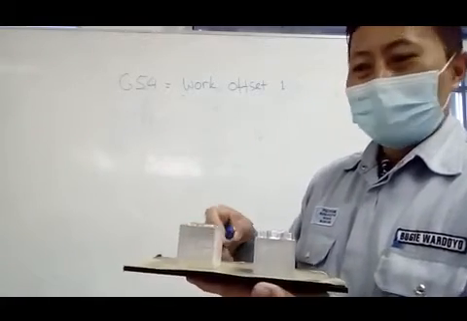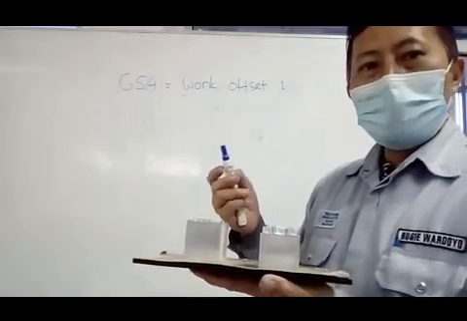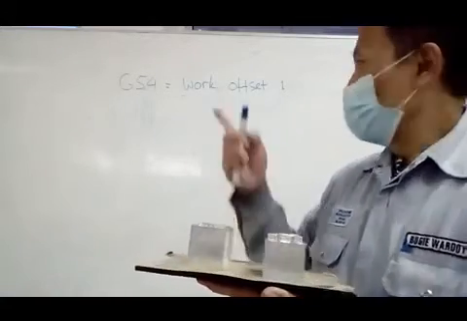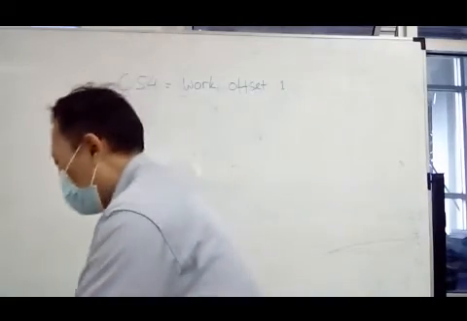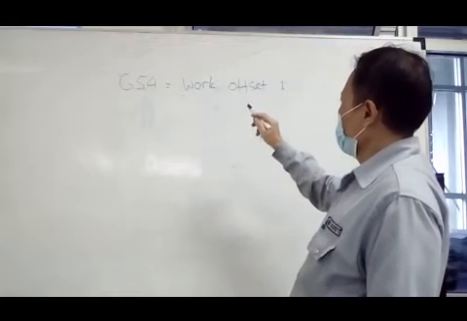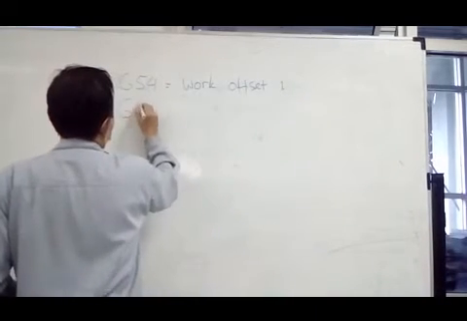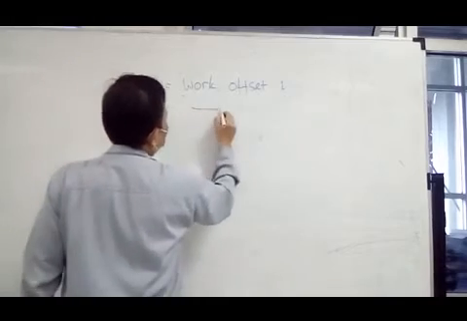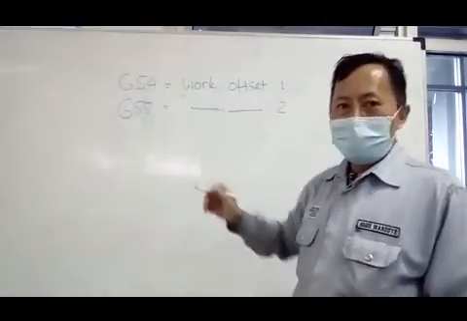To test the machine, that is, we have more than one workpiece using this G-code. So G54 first for the first workpiece, and G55 for the second workpiece, etc.